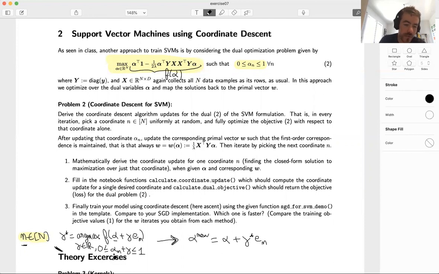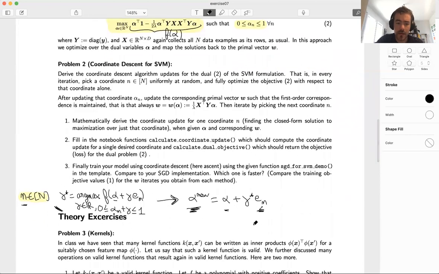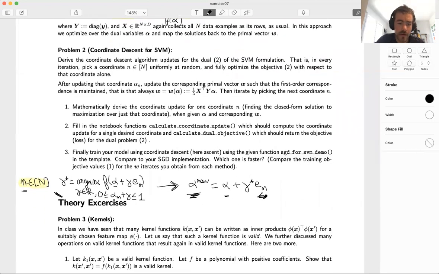So you can write the solution of this problem. And then you need to update alpha, which is just the old alpha plus gamma star, which is the solution of this 1D optimization problem, times e_n, which is the nth vector of the canonical basis.